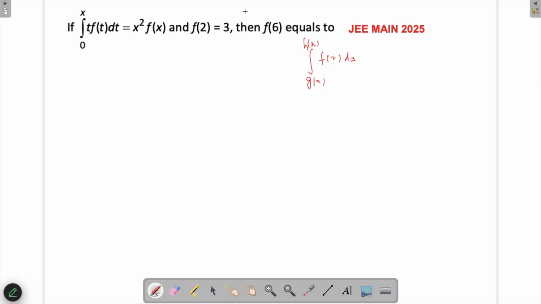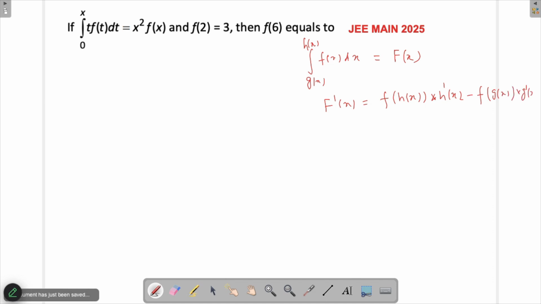If this function is, let's say, capital F(x), then to differentiate this function, we write the value of h(x) inside, wherever f(x) is coming, we just substitute h(x), and then multiply by the differentiation of the limit, h'(x), and then do a minus of it, and do the same thing with f of g(x), which will be g'(x). So this is what we will do here.